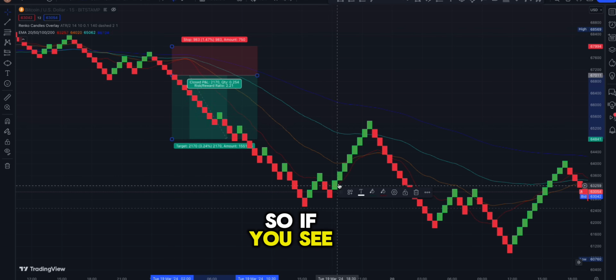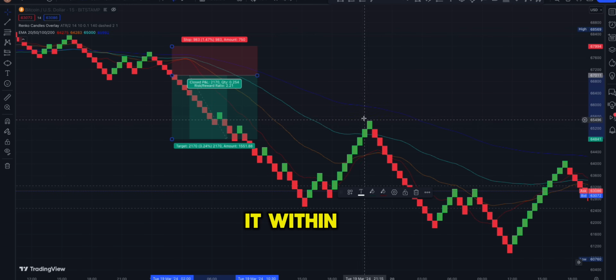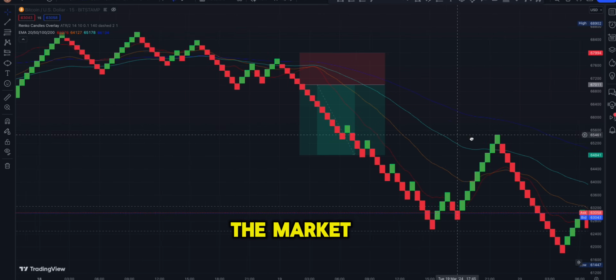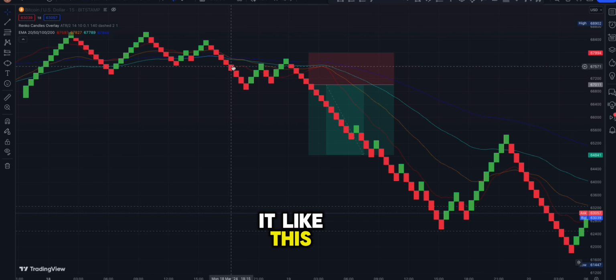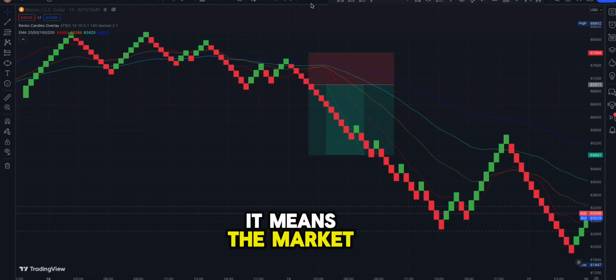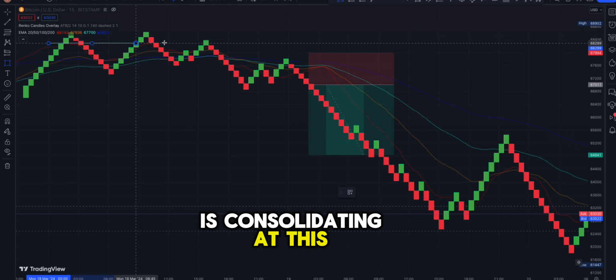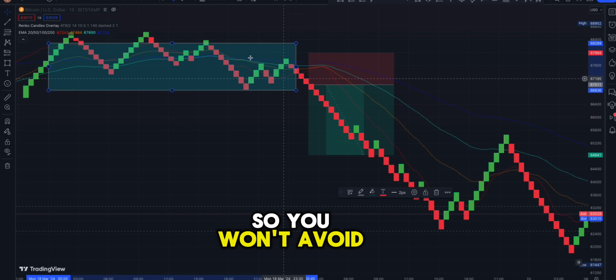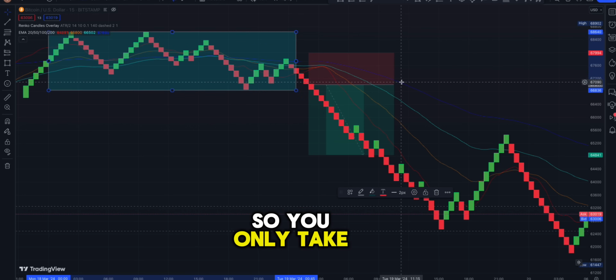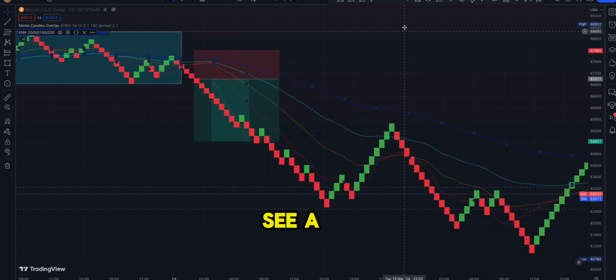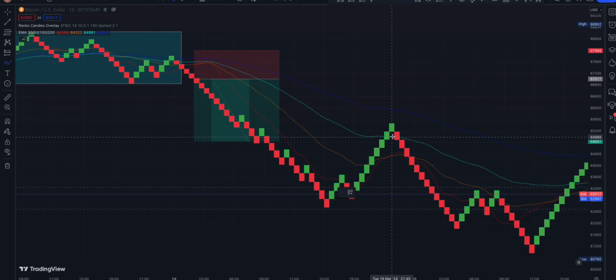So if you see it within the moving averages, you avoid the market. Or if you see it like this, it means the market is consolidating at this moment, so you want to avoid the market. So you only take a buy when you see a breakout from this side like this.